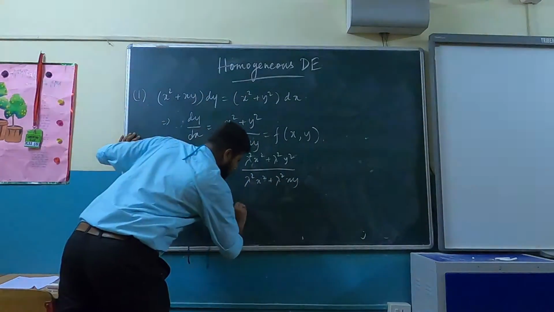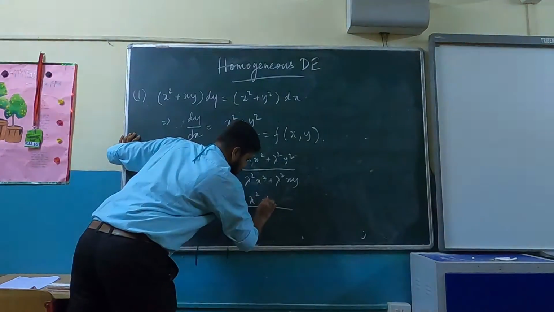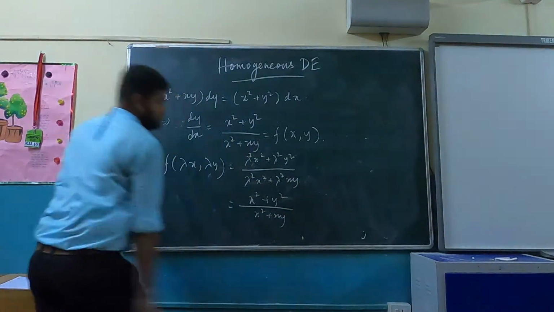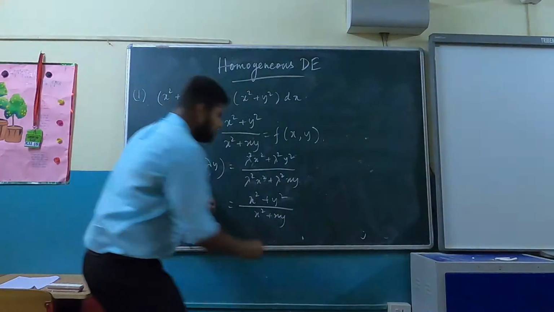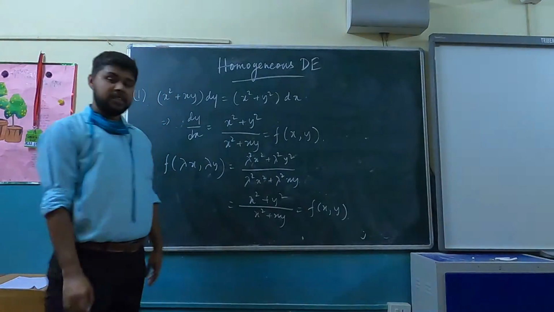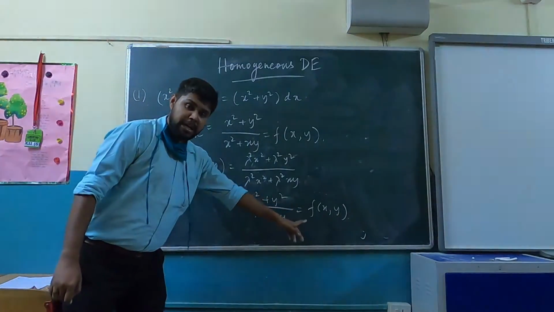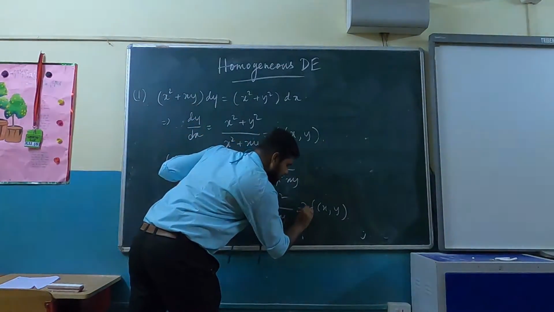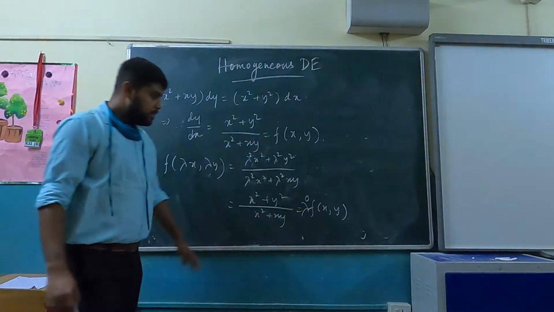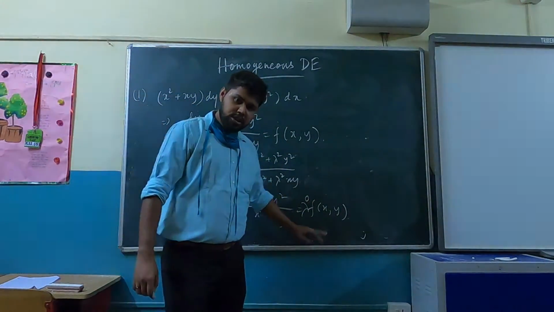So that gives you this, which is the same as f of x comma y. So now there is no lambda. So as there is no lambda, I can say there is lambda to the power 0. Right? So therefore, this is a homogeneous equation.